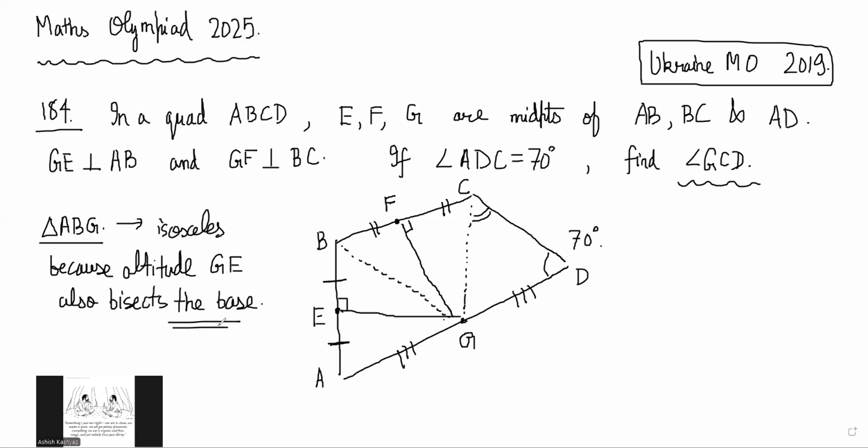So ABG is isosceles, so now we know that AG is equal to BG, right? Similarly, we can get another isosceles triangle here, CBG. Can you see that? Because again, altitude FG is bisecting the base.